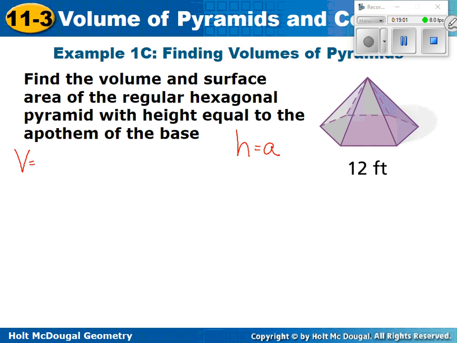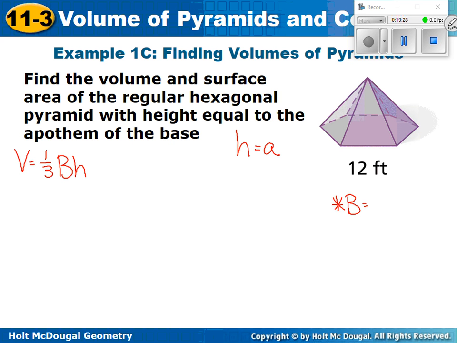What's the formula today for volume? 1/3 capital BH. Okay, we know that in order to find the height, we're going to have to find what? The apothem, okay? To find the area of the base, because it's a hexagon, what is one option for finding the area of a hexagon? 6 equilateral triangles.